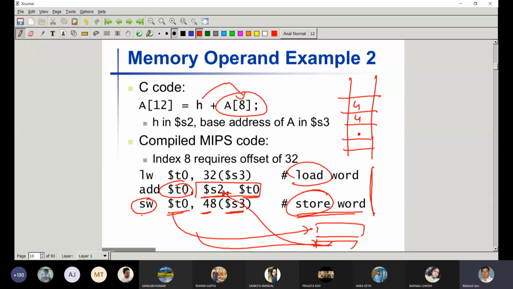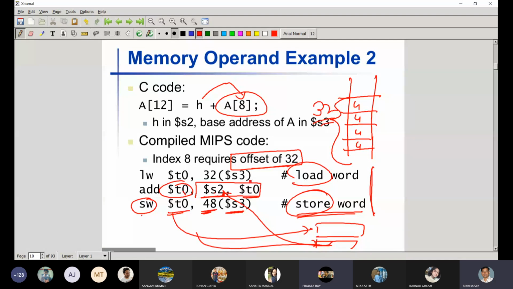Here is 4 bytes, here is 4 bytes, here is 4 bytes. That is 32, that's why this offset value is 32, and I have fixed that in the offset first. So an offset of 32 is required for indexing. Why is it 48, sir? The next one, the store word part, sir. That's what I was asking, sir.